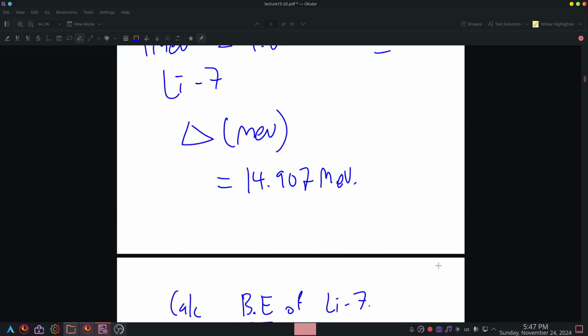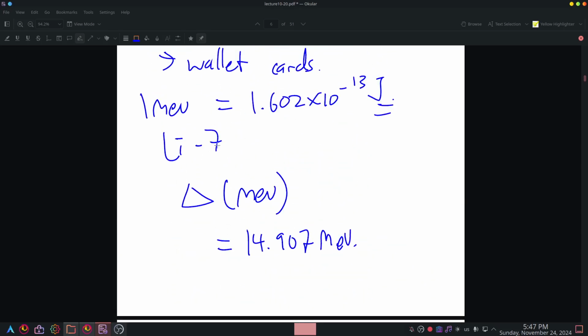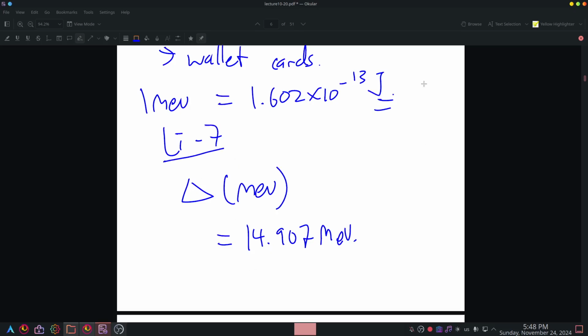Okay, then what is mass excess? Mass excess is the mass of the particle here. Okay.